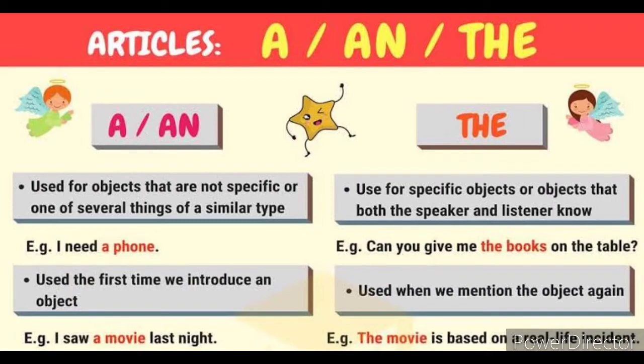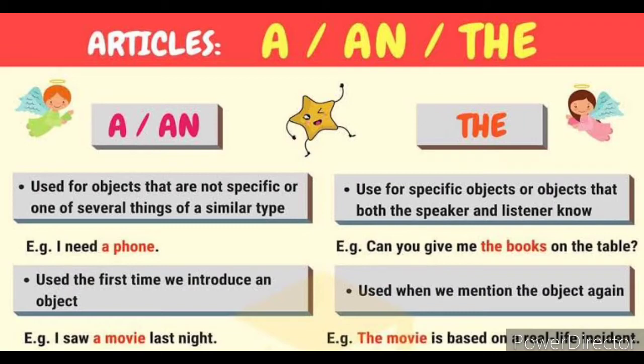Moving on to the definite article the. The definite article the is used for a specific object, or objects that both the speaker and listener know. For example, look at the example here. Can you give me the books on the table?